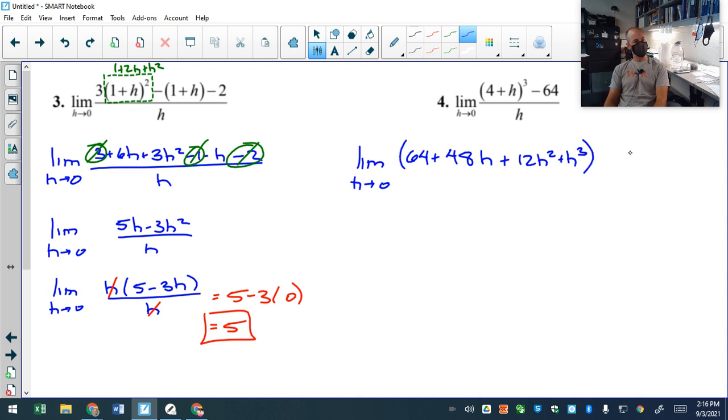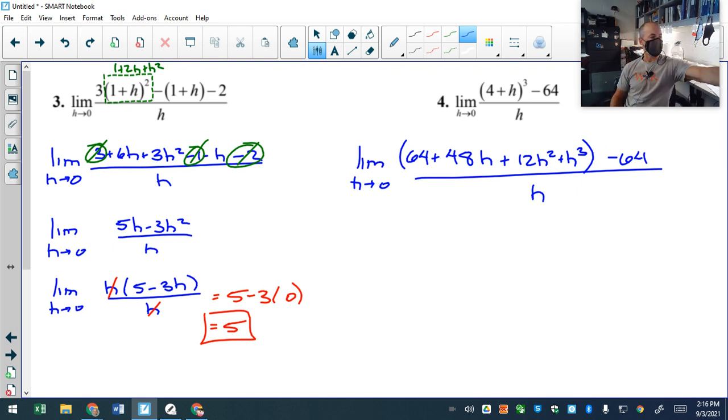Yes, ma'am. I did very briefly up here where I foiled the 1 plus h to get 1 plus 2h plus h squared. See right there at the top. Then I distributed the 3 through that. Good.